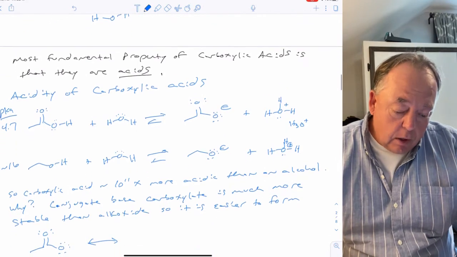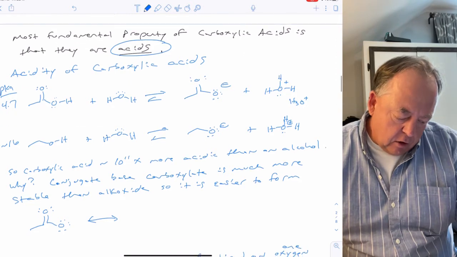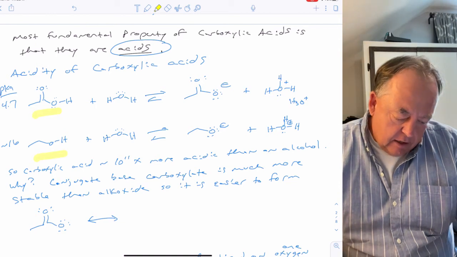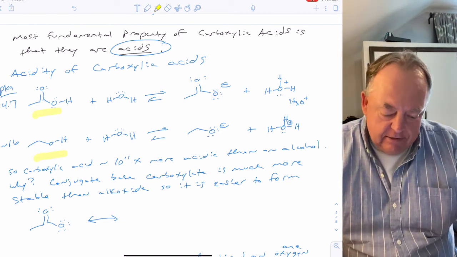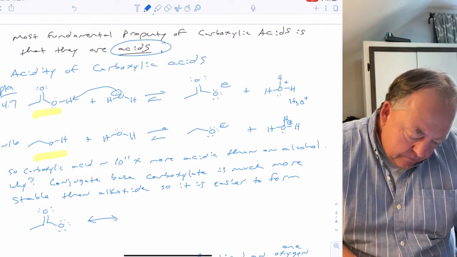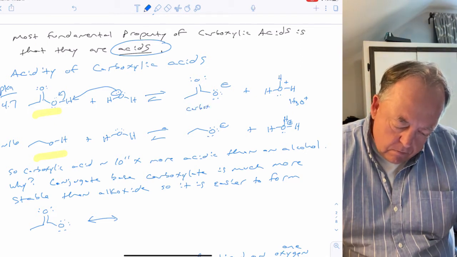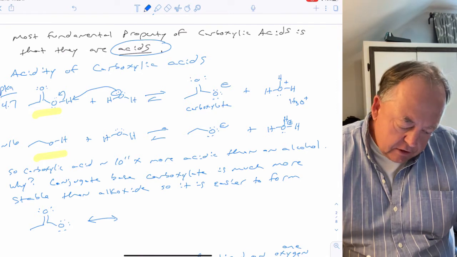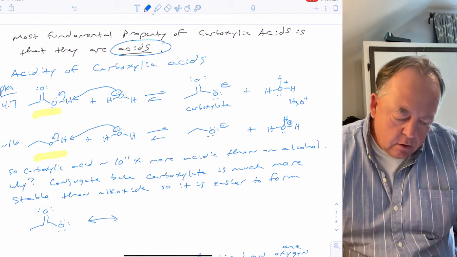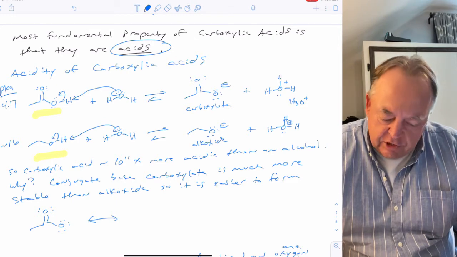So the most fundamental property of carboxylic acids is that they are acids. If we compare a carboxylic acid to an alcohol, if you put them in water, then they can ionize. Basically a water molecule can take off the hydrogen to make the carboxylate and H3O+, or similarly for an alcohol, a water molecule could take off the hydrogen from the OH to make an alkoxide and H3O+.